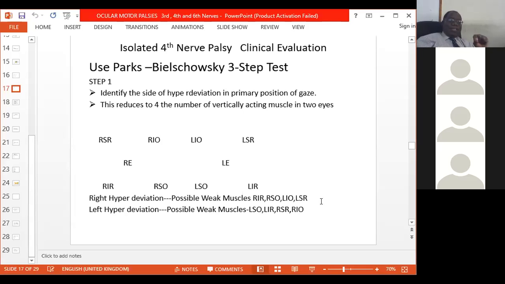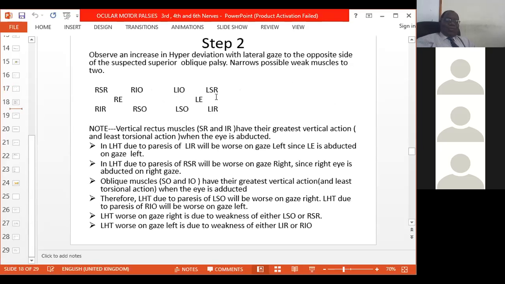The one hyperdeviated, depressors are weak, or the other one which is not hyperdeviated, the elevators are weak. Okay, it's clear, sir. It's clear, step one. Very good. Now, step two.